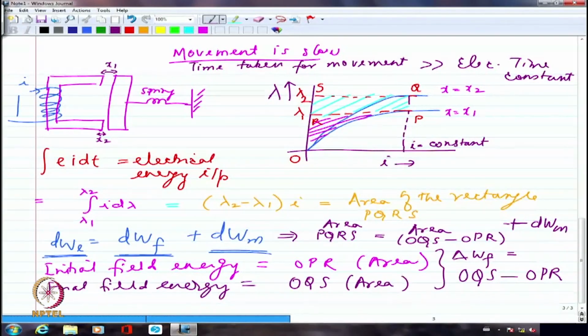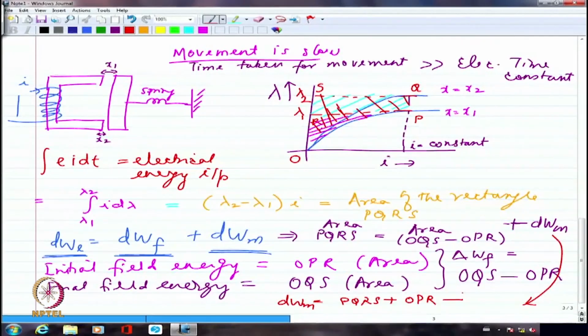So I should be able to write the mechanical energy as dWm equal to area PQRS plus area OPR, because the minus, when I take it to the other side, becomes plus. Are you getting my point? This entire area is area PQRS plus area OPR minus area OQS. That's what it means.